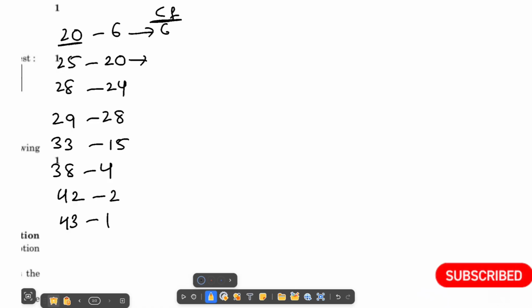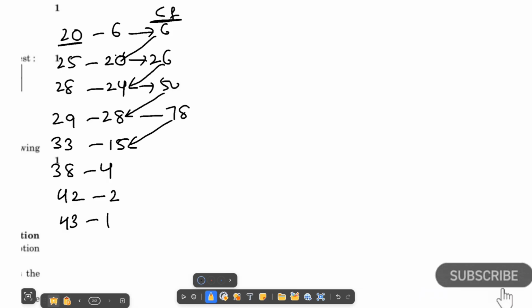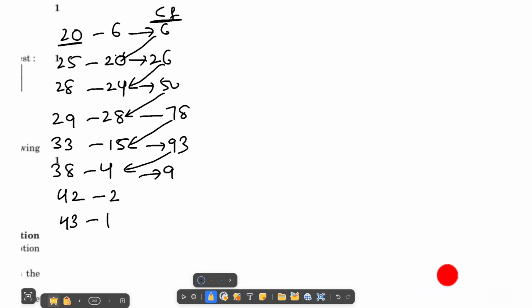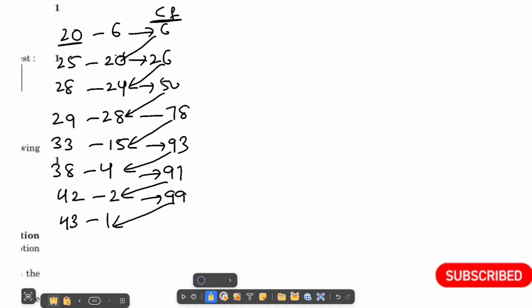Next, 6 plus 20 is 26, 26 plus 24 is 50, 50 plus 28 is 78, 78 plus 15 is 93, 93 plus 4 is equal to 97, 97 plus 2 is equal to 99, and 99 plus this one is equal to 100.